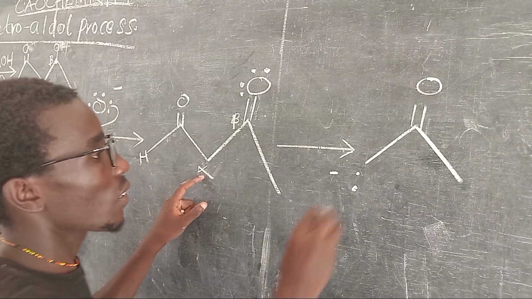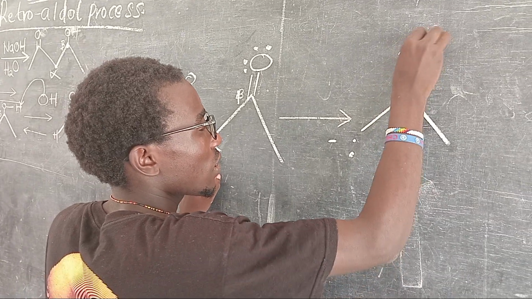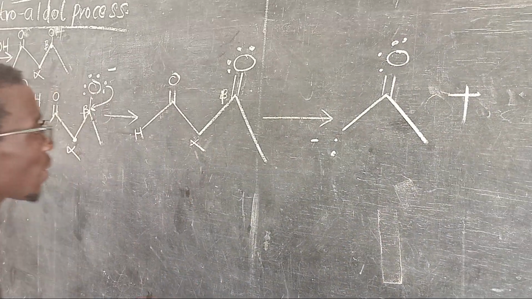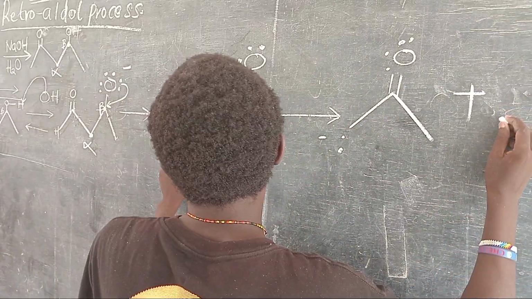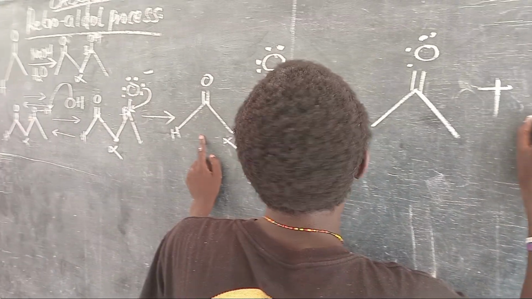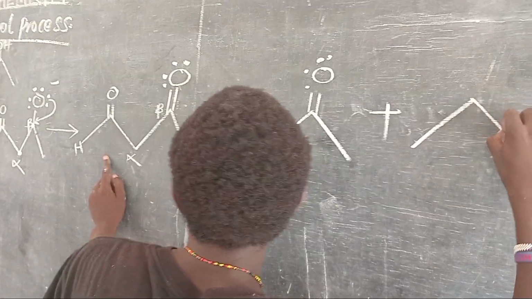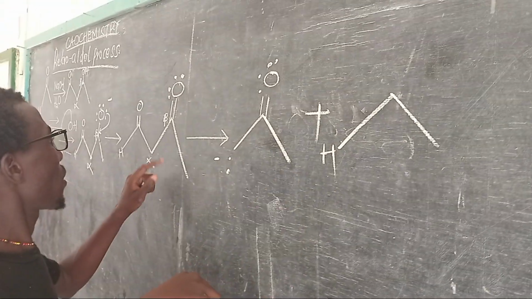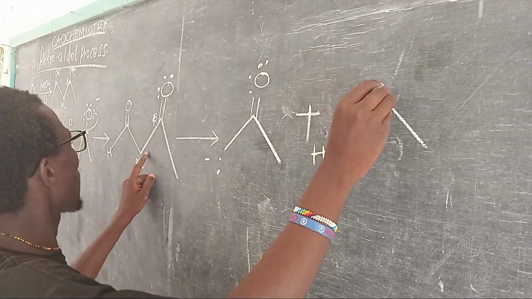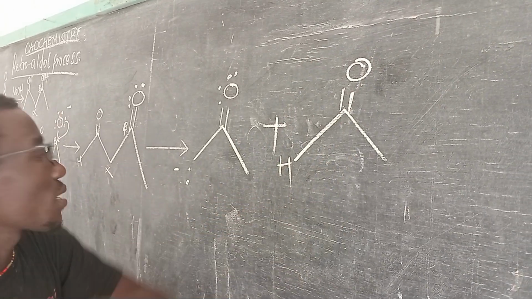Plus, now we have this other part of the structure, which is actually our aldehyde, which is having hydrogen here, and of course, this one is oxygen. So this is our complete structure of the aldehyde.